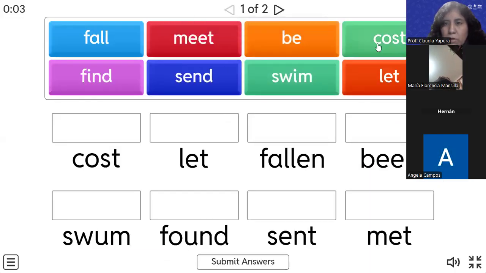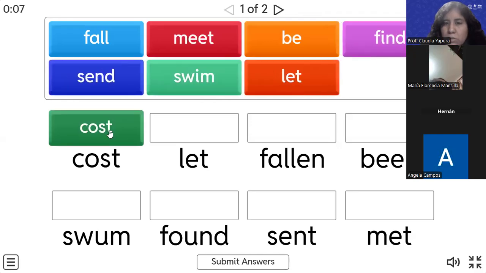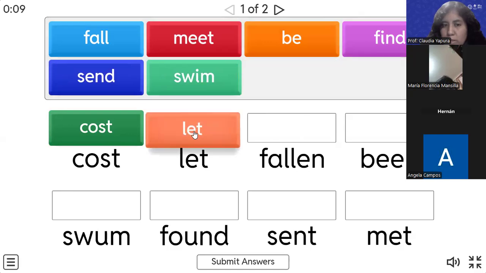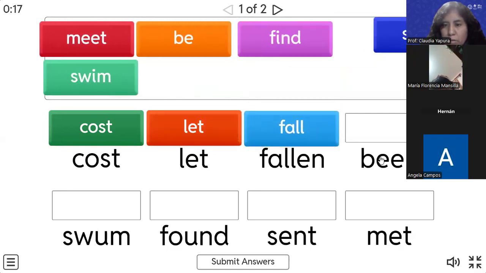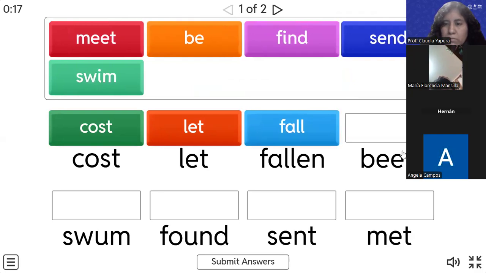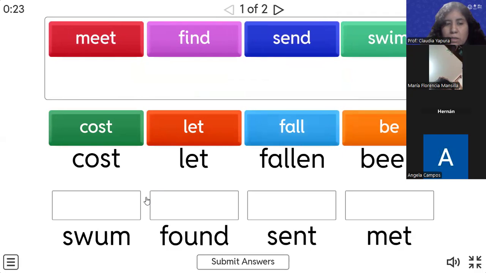Let's check some verbs. Let's see. You have that cost is with this one. Yes? Cost is one of the verbs that doesn't change, the same as let. Then fallen. What is the verb fallen? Fall. Good. Been. Be. ¿Está? Swam. Swim.